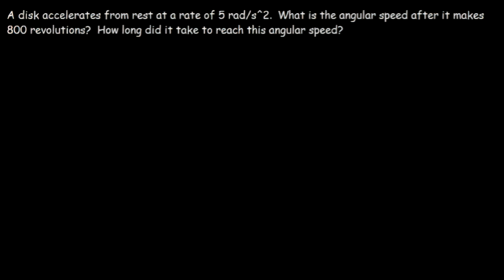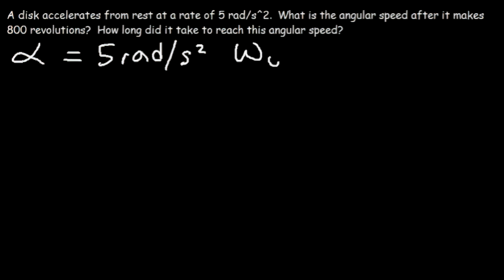Let's try this problem. A disk accelerates from rest at a rate of 5 radians per second squared. So that is the angular acceleration. What is the angular speed after it makes 800 revolutions? So we know the initial angular speed. It's 0 since it starts from rest.